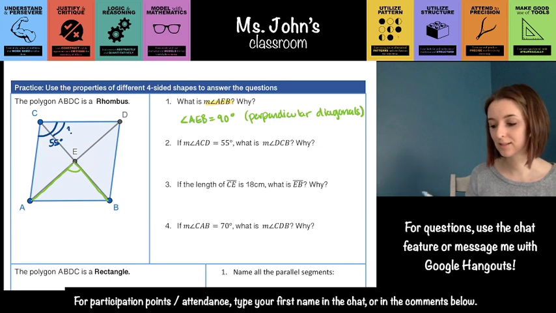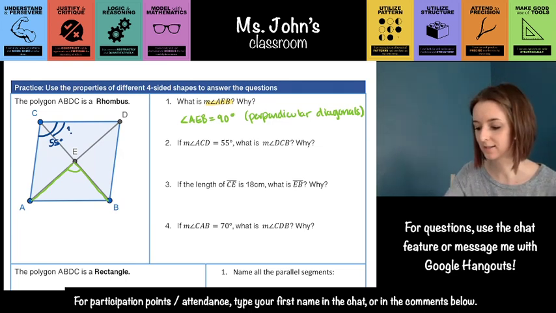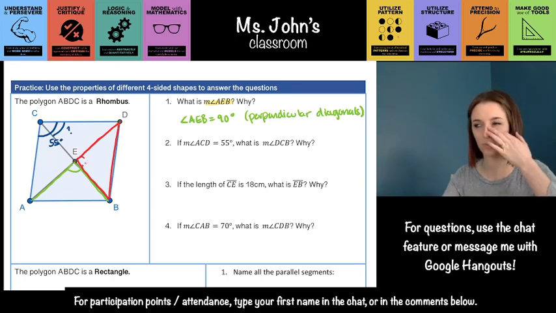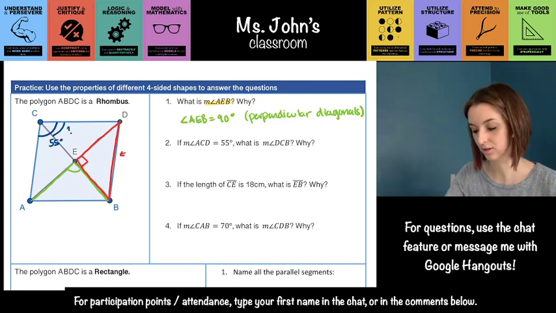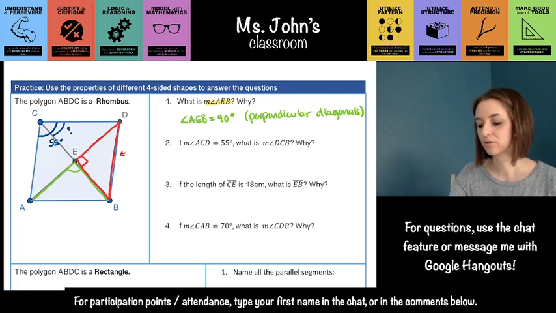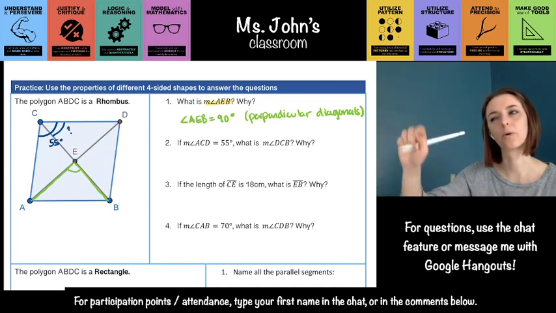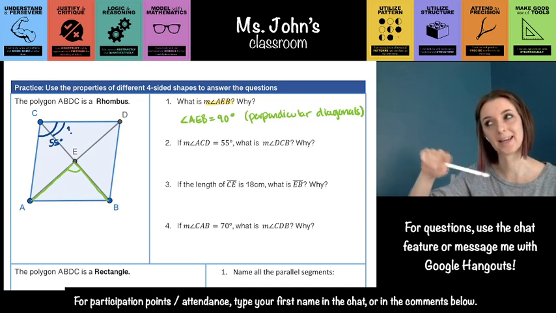Each of these triangles created in a rhombus is actually the exact same because they have this right angle up here and this side is the same. We also know that the diagonals bisect each other, so these two are also equal. So each of those triangles is the same, which indicates that the diagonals bisect the angles at the corners.